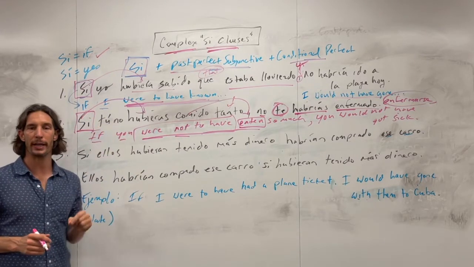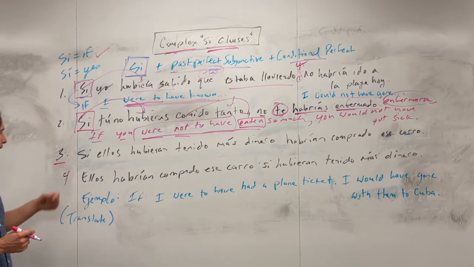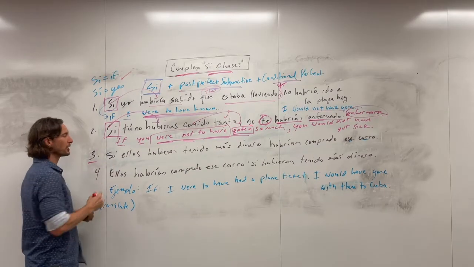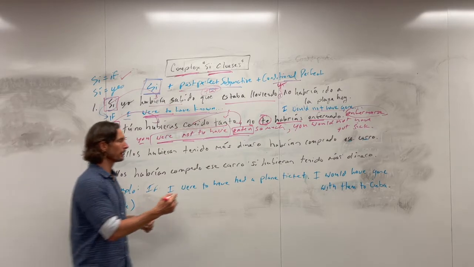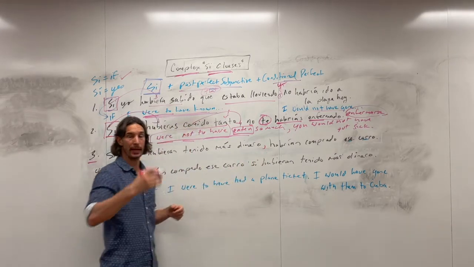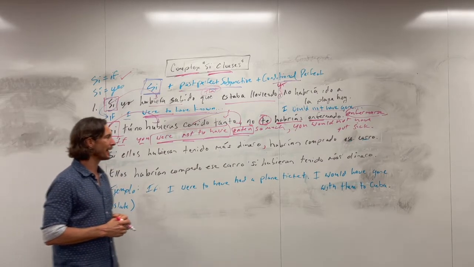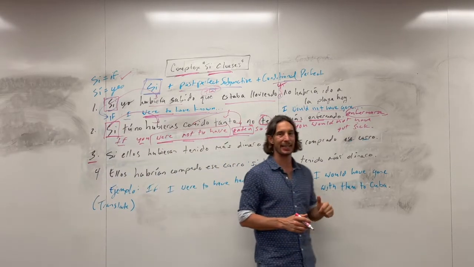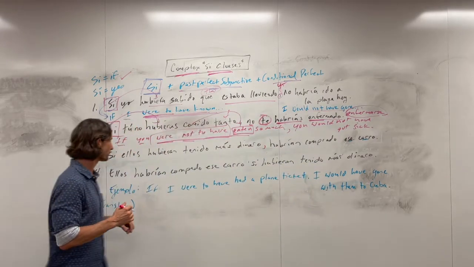Sort of a long-winded explanation on that, but let's move along to number 3. Here we have, si ellos hubieran tenido más dinero, let's get a little comma in there, keep that grammar tight, habrían comprado ese carro. Let's have a look at what we're saying in English.